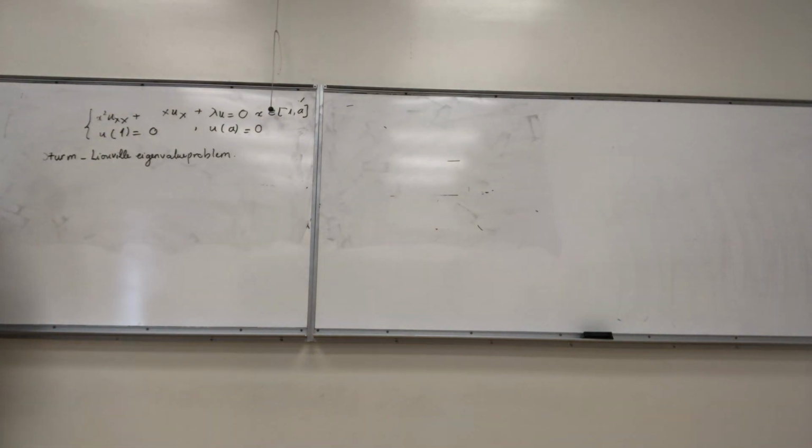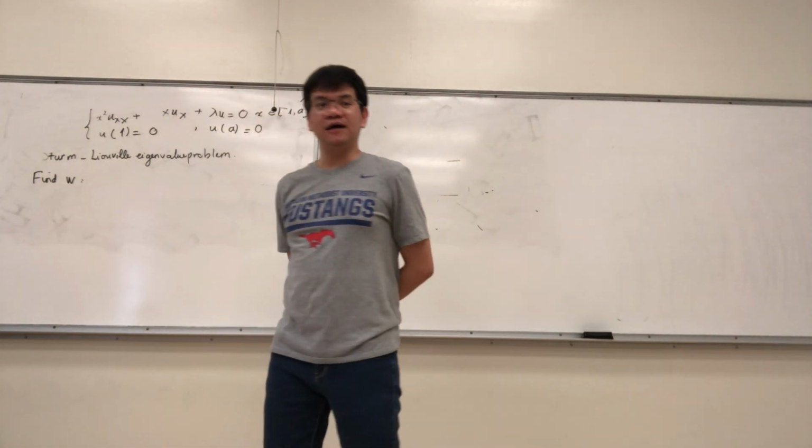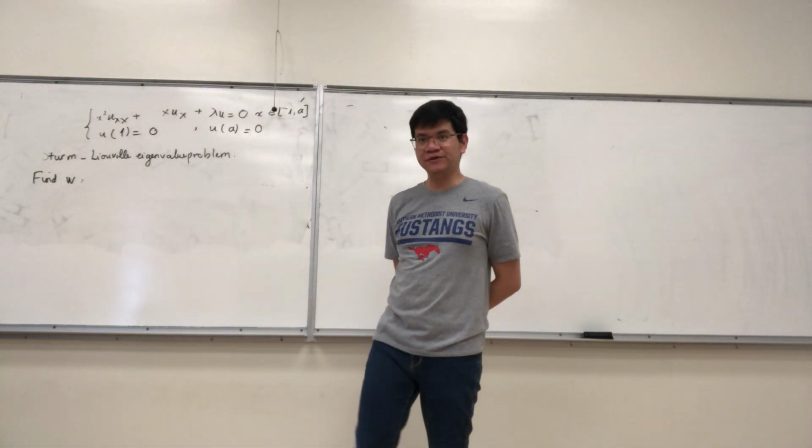This is a Sturm-Liouville eigenvalue problem, and we have to solve this equation, right? The first step is to find w. We need to find the w such that you have a self-adjoint operator, right?